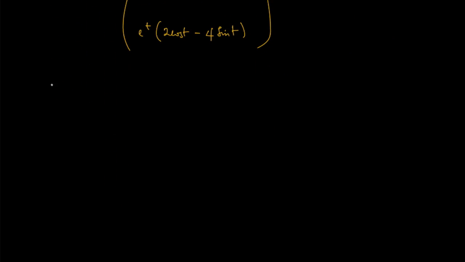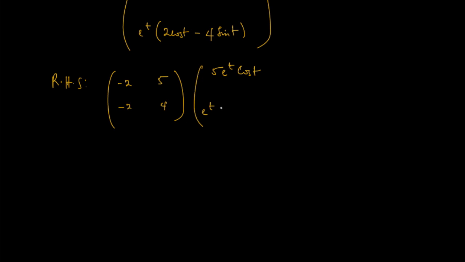Now for the right hand side, that's the product of the matrix -2, 5, -2, 4 times the vector we are given to verify, which is 5e^t cos t, then e^t times (3 cos t minus sin t).